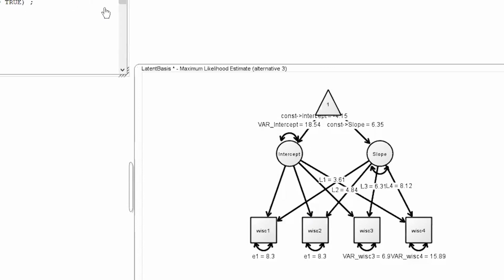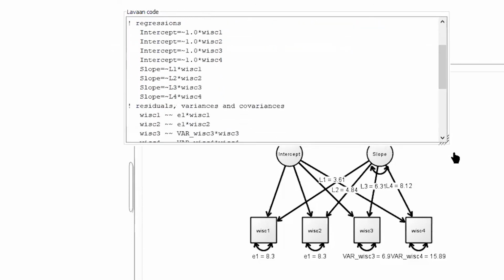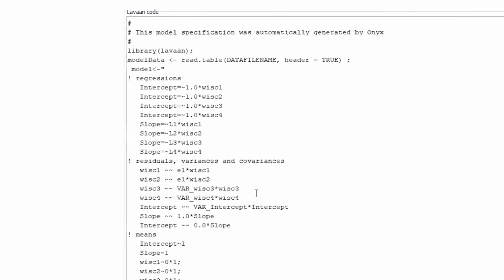And this is the resulting lavaan script. And this is the program that I will use to run my confirmatory factor model inside of R so that I can then come in and look at the influence diagnostics.